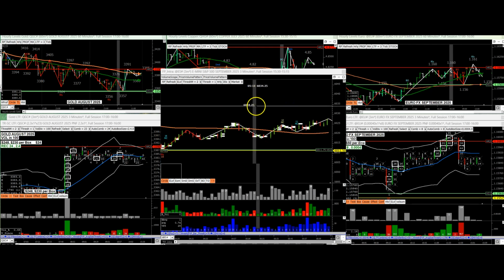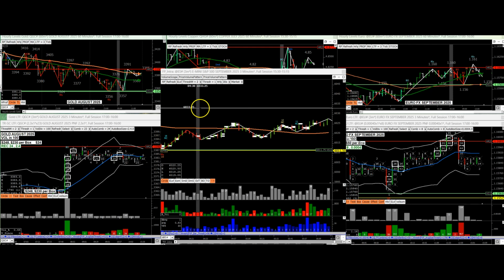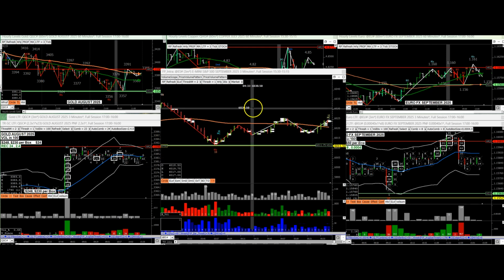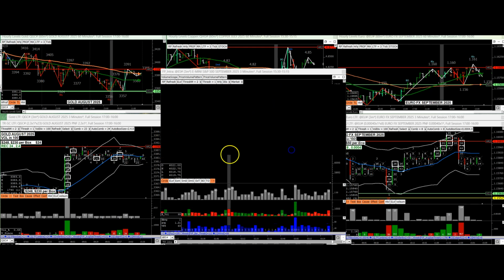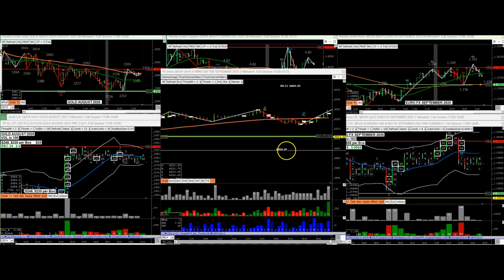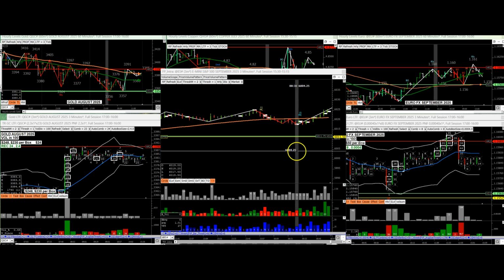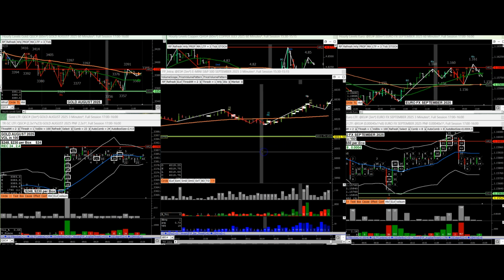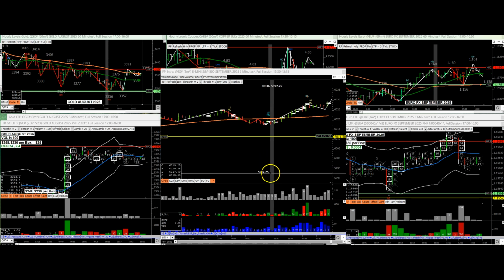So I'm looking for pullbacks, right? Anytime, let's just start looking for pullbacks. There's one that's 10 right here. See this? 1.39 times average, biggest in 10, and then you have your reversal.